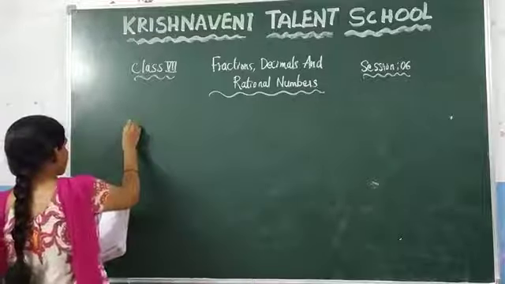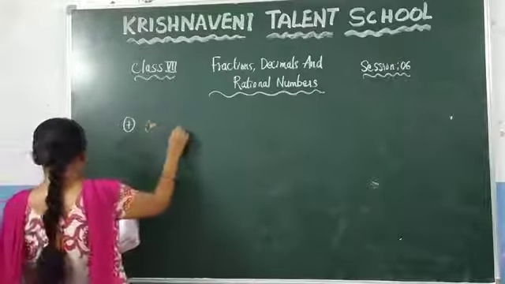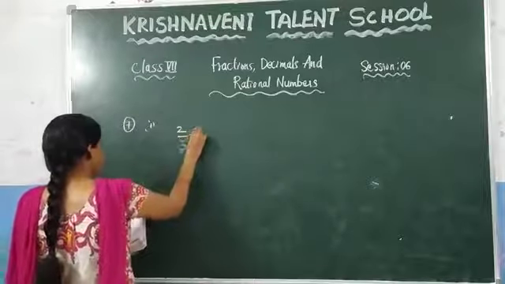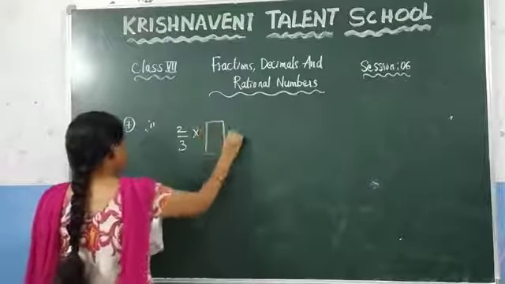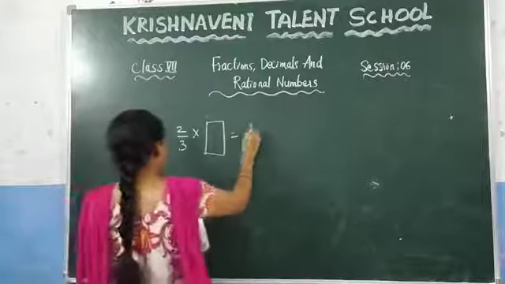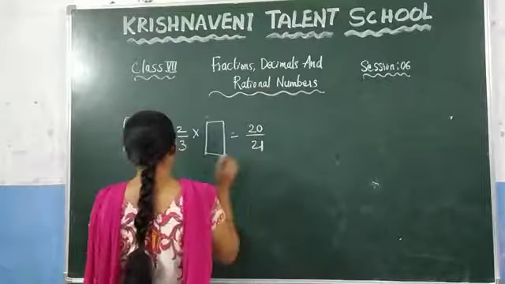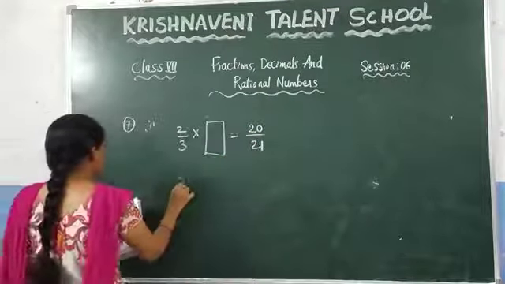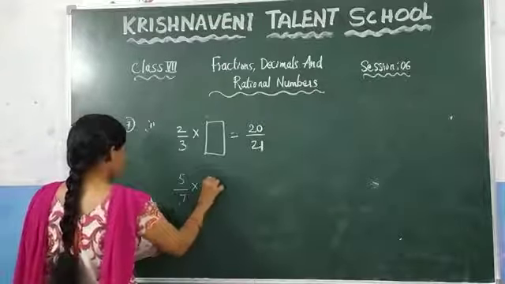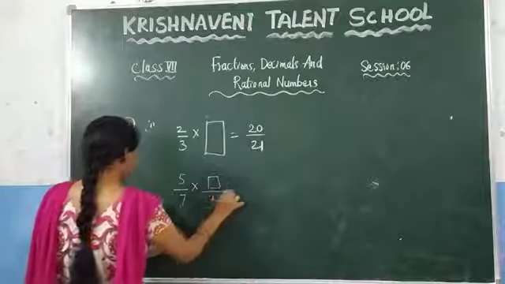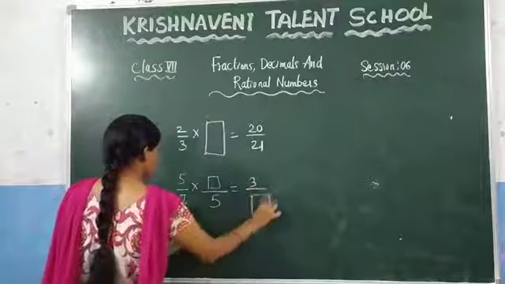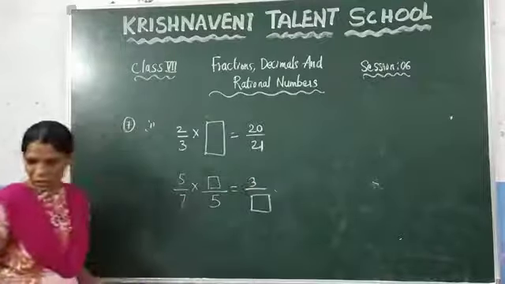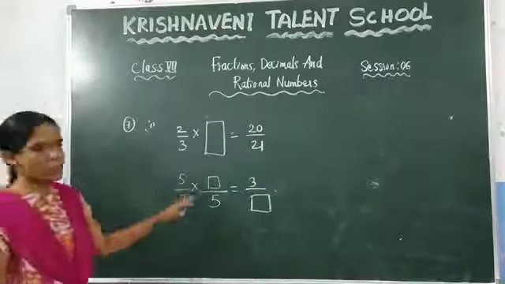So in the 7th question, the first one they have given as 2 by 3 into, you need to write the fraction, so that they have given the result, which is 20 by 21. Similarly here 5 by 7 into, you need to fill this blank, divided by the denominator as given. This is the question they have given here. You need to fill these blanks here.